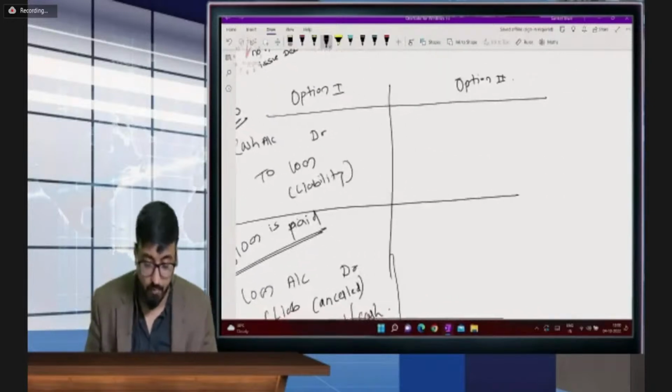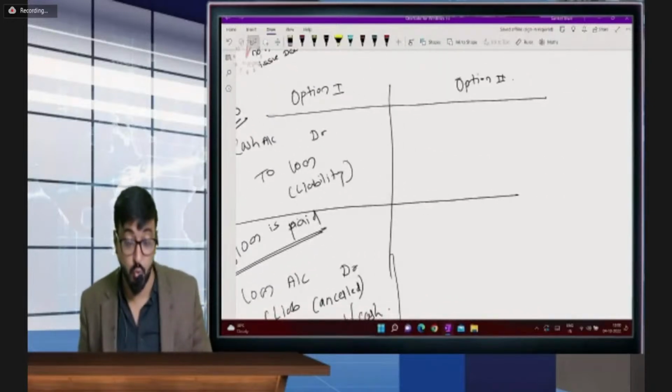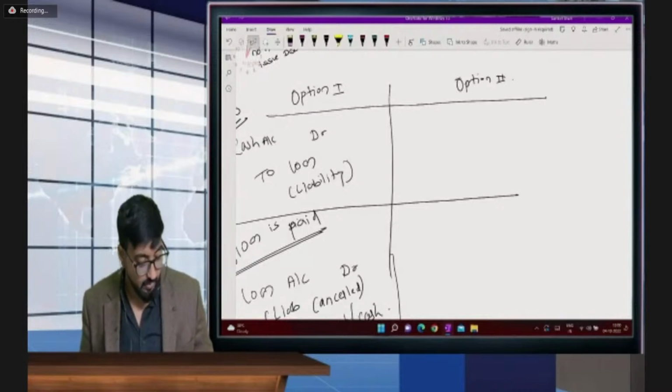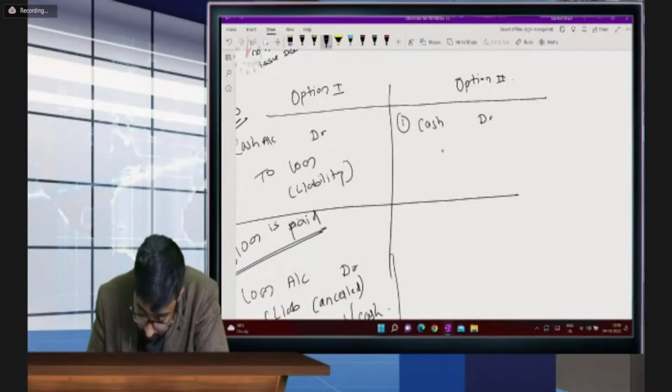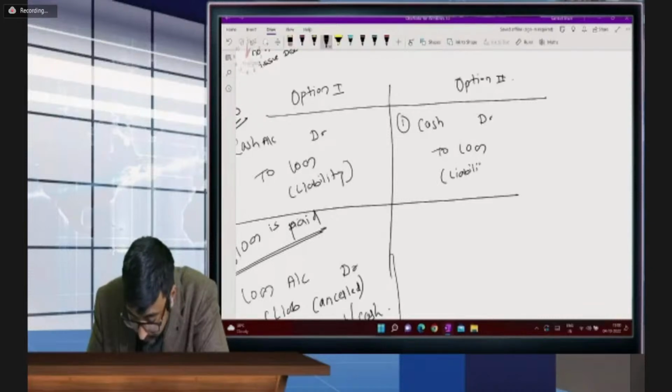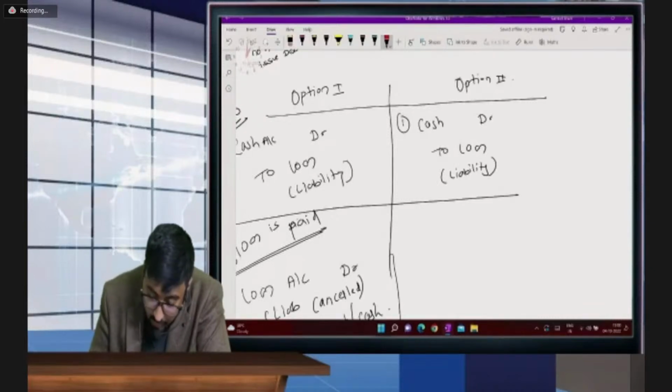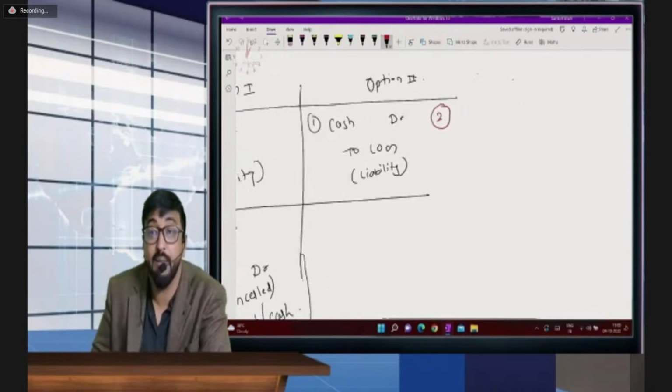Option 2. Now see. Option 2. Number 1, cash account debit to loan account. It's a liability. But second entry is red pen entry.